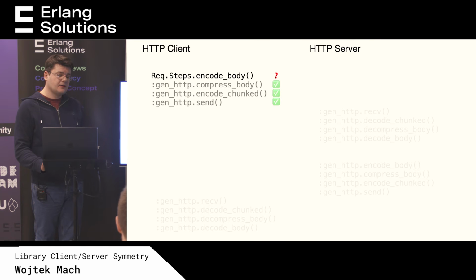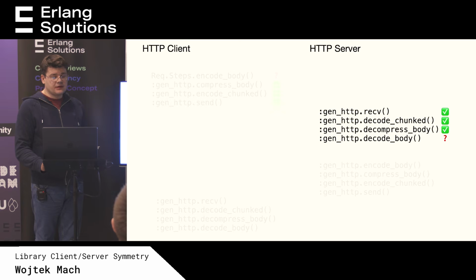So I think something like Req, choosing which representation you want to send and having some conveniences, to me, that makes sense. And then on the server end, I think getting the data from the socket in a streaming fashion and then decompressing, to me, definitely makes sense. Decoding body, probably not, to be honest.